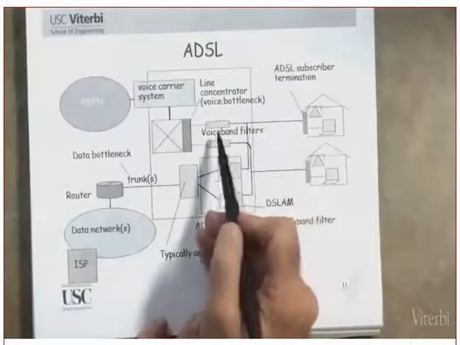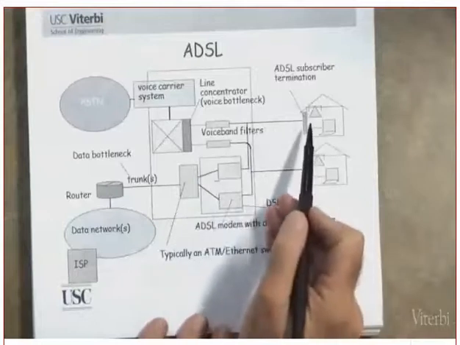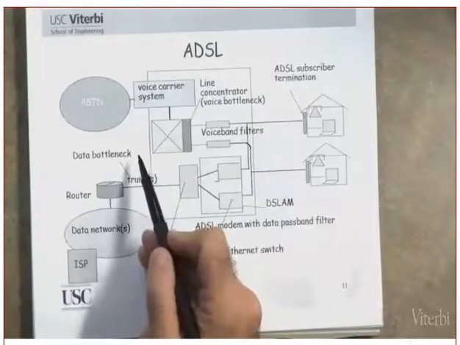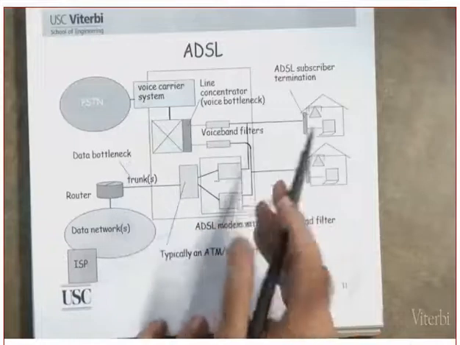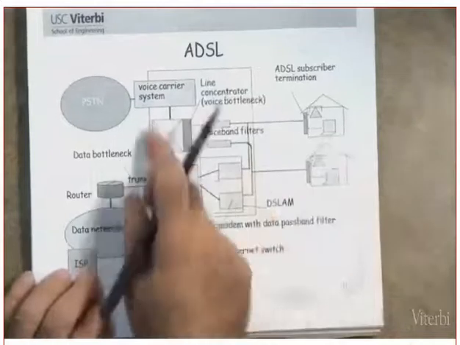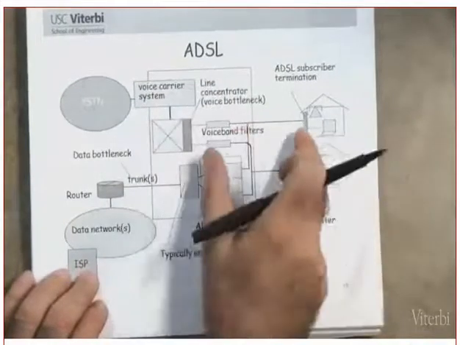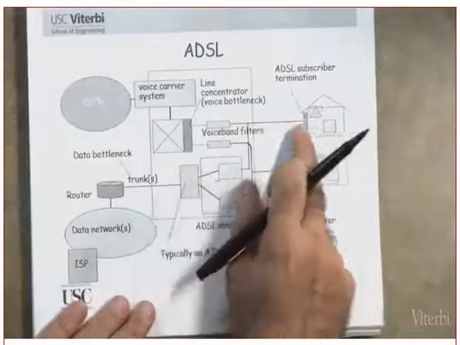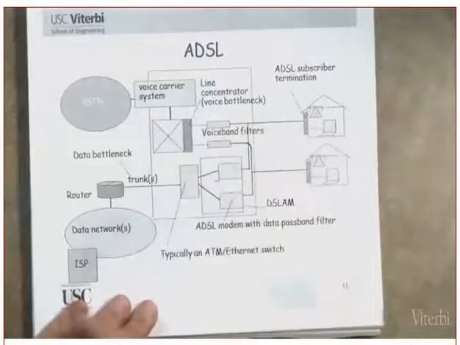First of all, with ADSL there is a limitation on the distance between the customer network and the service provider network. The distance is roughly about what? Roughly about 15,000 to 18,000 feet. So the distance between the customer and the central office has to be within a certain distance. Otherwise, the digital signal will be degraded as it moves along.